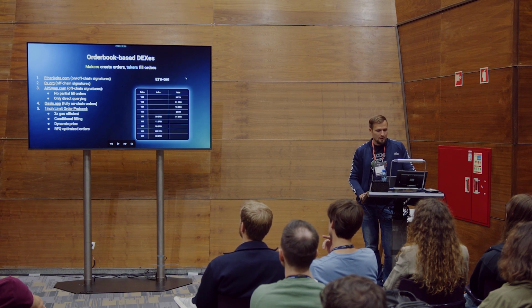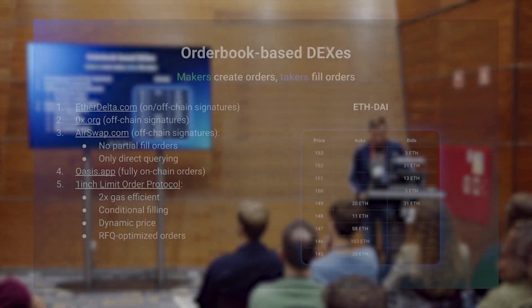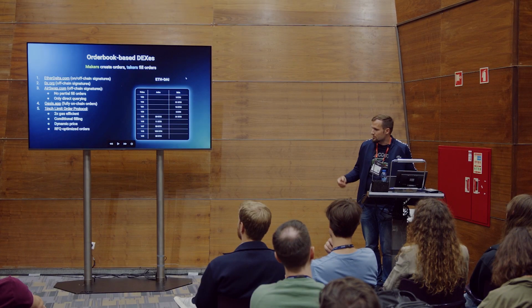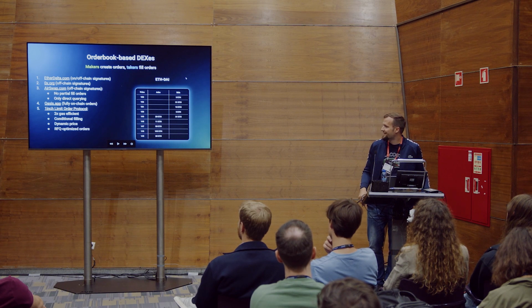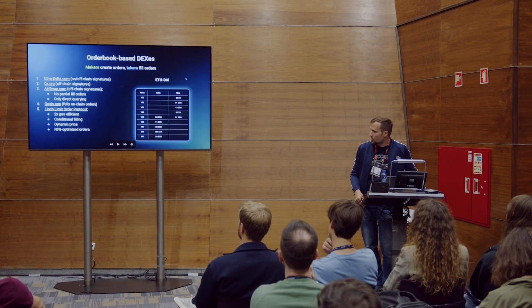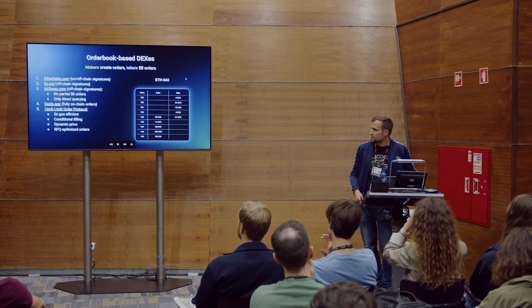If you look at any order book-based DEX, you would see something like this: there are some offers to buy and offers to sell some currency, for example DAI or ETH. Usually those who want to buy offer prices lower than the market price, and those who are going to sell offer prices above the market price.